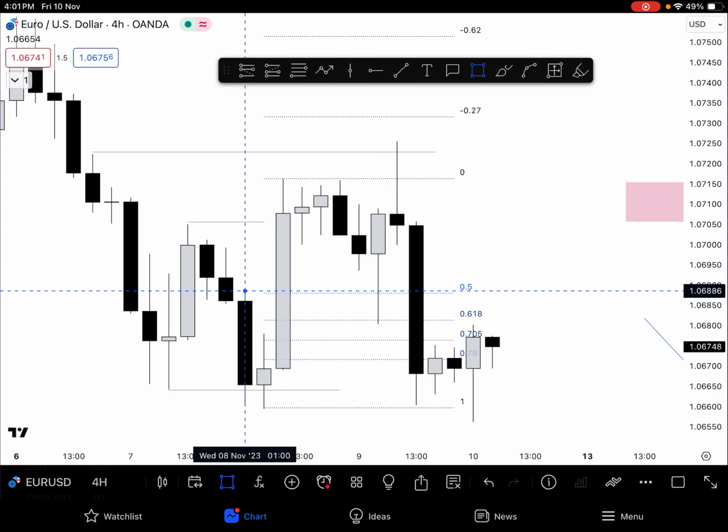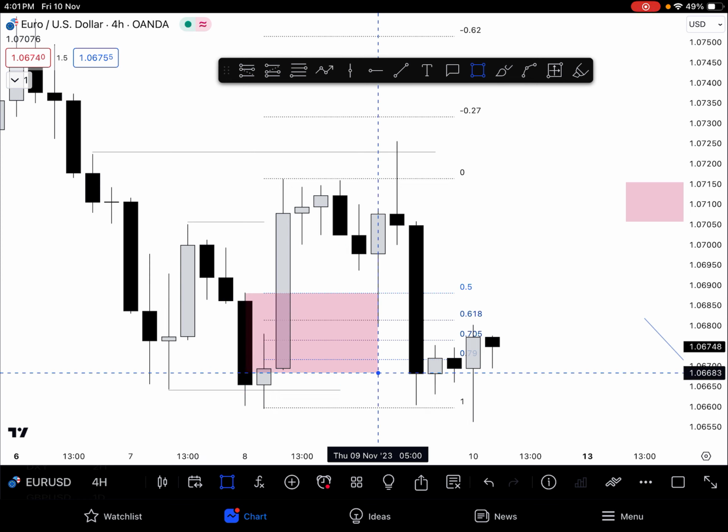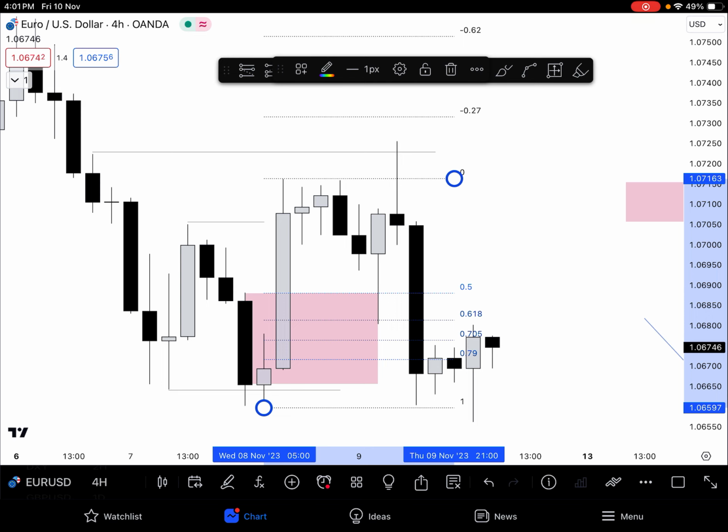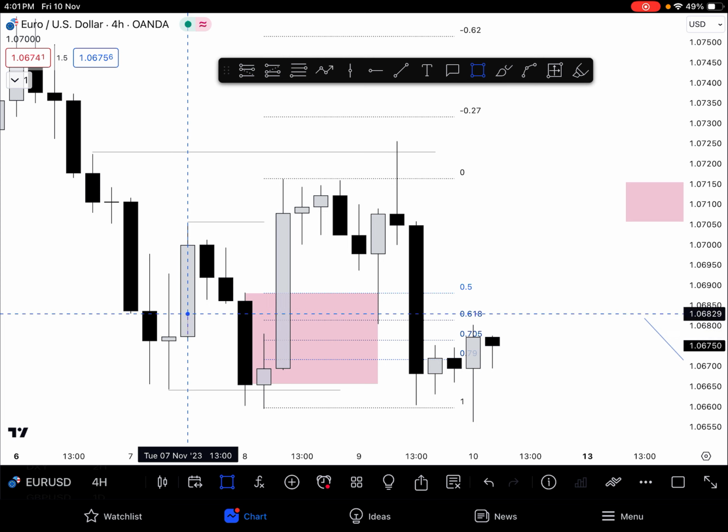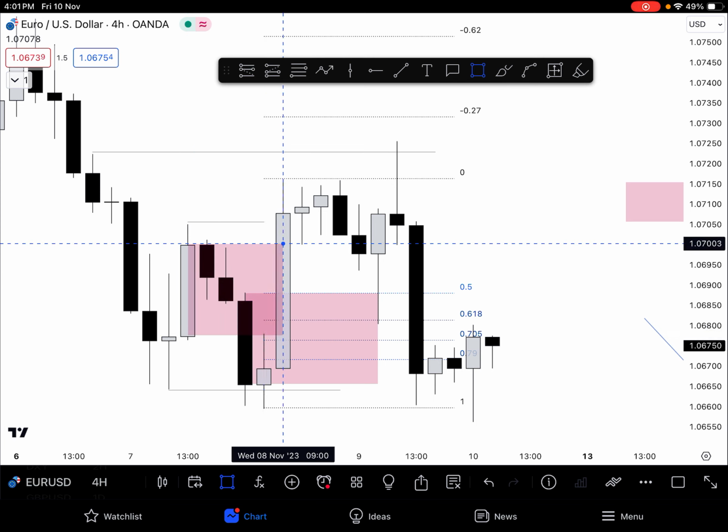My idea was to tap this order block, and only then I look for the entry. This order block also has this breaker in common. So that is the potential area where I will look for the entry.